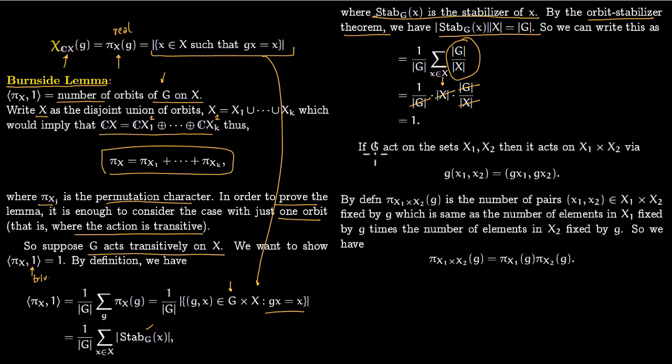Now recall this. If G acts on the sets x1, x2, then you can define the action on x1 times x2 via g x1, g x2, standard, nothing much to be done.